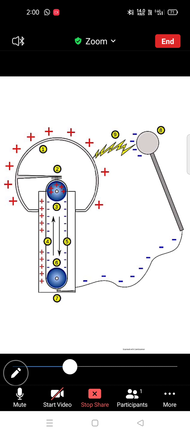Why collect negative charge? It helps the main metal sphere collect more positive charge, and with the help of this small sphere we can also easily filter out negative ions and positive ions.